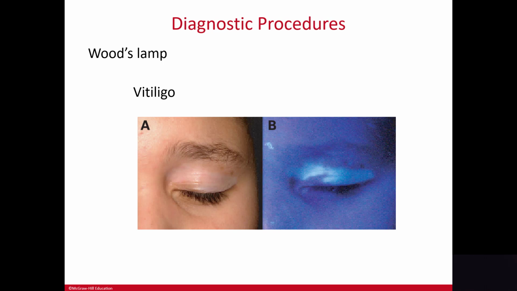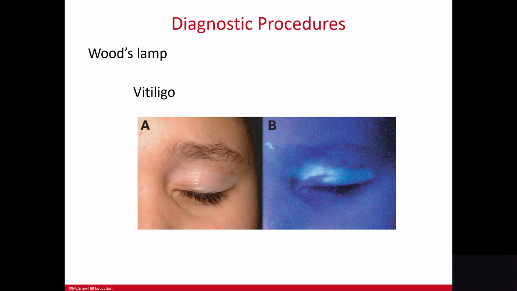And then on this slide, this shows you how a Wood's lamp can be used to determine a diagnosis of vitiligo. Remember, vitiligo was the pigment disorder that causes patchy loss of skin color. And vitiligo is easy to see on somebody with dark skin tones, but not as easy to see on somebody with a light skin tone. So you can see the picture on the left, the person has very light skin, and you can't really tell the vitiligo on her eyelid, but if you put that same skin under the black light, you can see the loss of pigment on her eyelid and confirm the diagnosis of vitiligo.